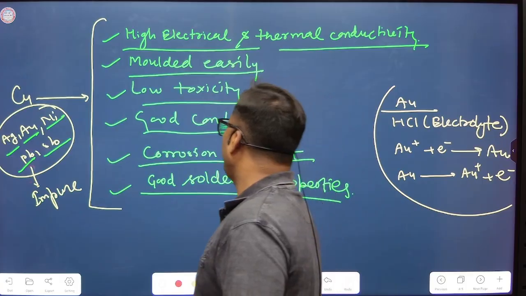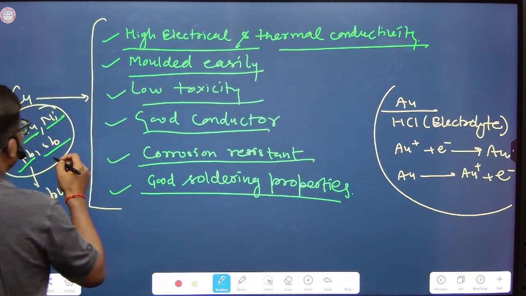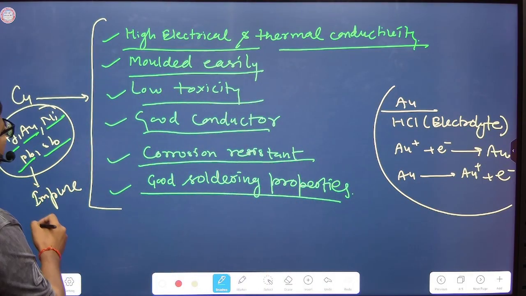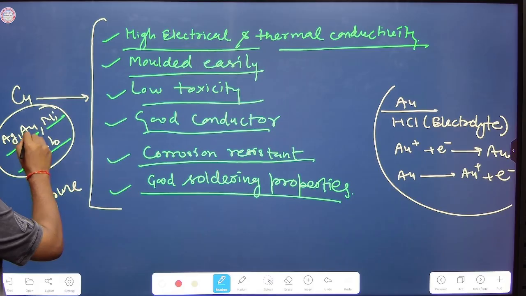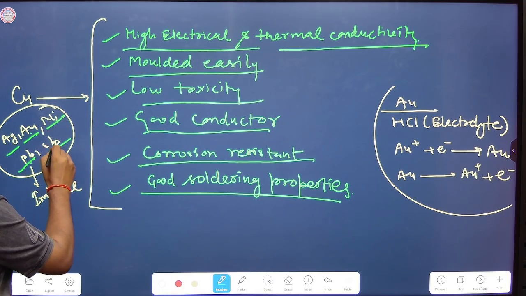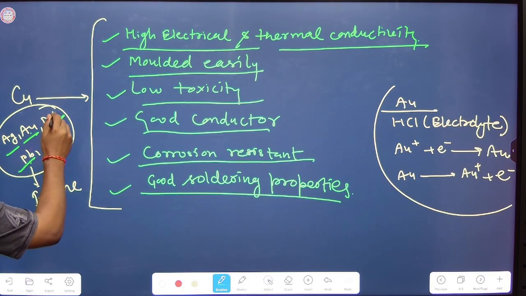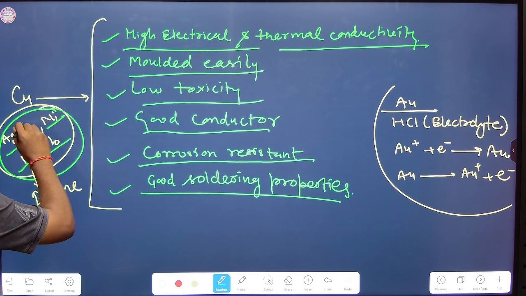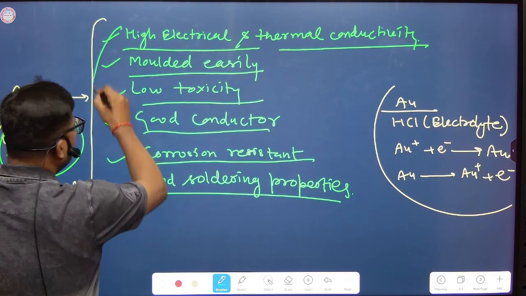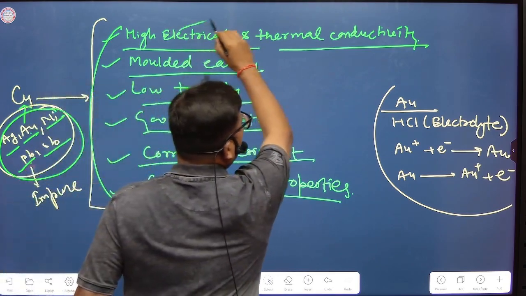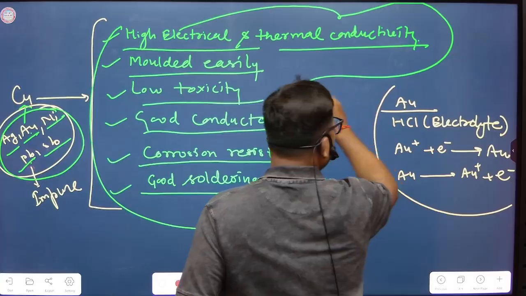So if we have impure copper metal, then it can contain silver, gold, nickel, lead, and antimony. So from these 5 metals, copper must be extracted, and the copper which is extracted must possess these properties, right? So now this is what.